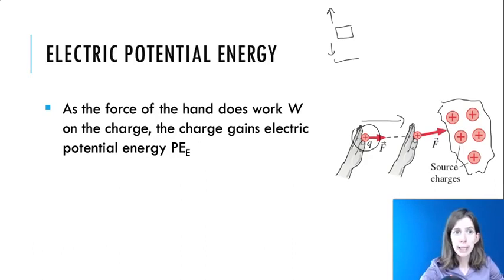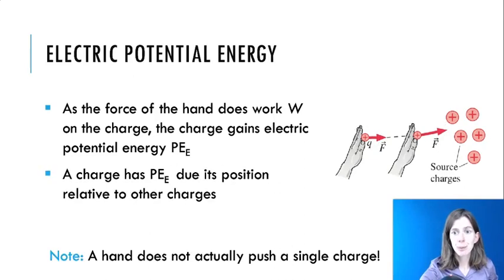Just to recap, a charge has electric potential energy due to its position relative to other charges. In general, if you bring positive charges closer to each other, then you are increasing the electric potential energy, because you have to do work to do that.